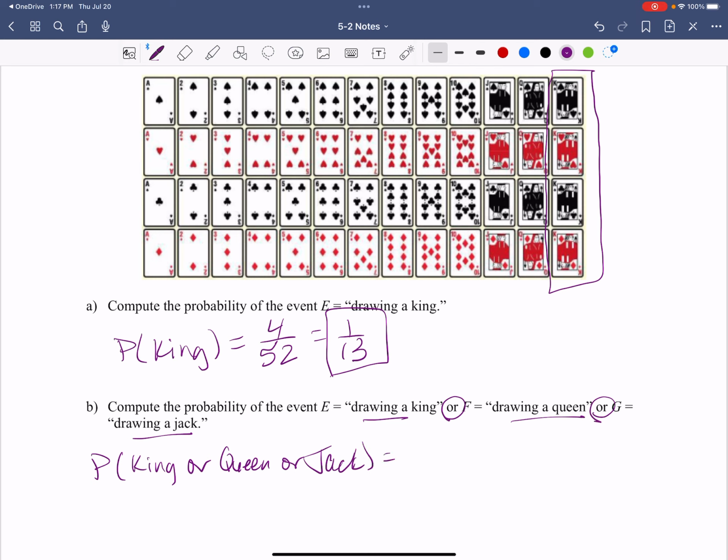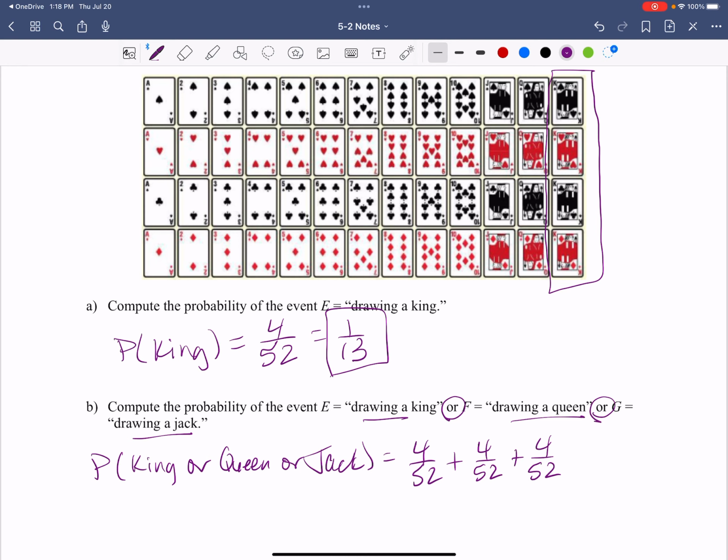What's the probability of drawing a king? 4 out of 52, or 1/13th, right? We just did that one. What's the probability of drawing a queen? 4 out of 52. What's the probability of drawing a jack? 4 out of 52, right? So you can look at that as you're working through there.